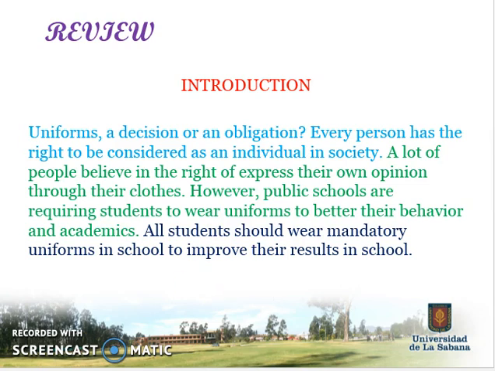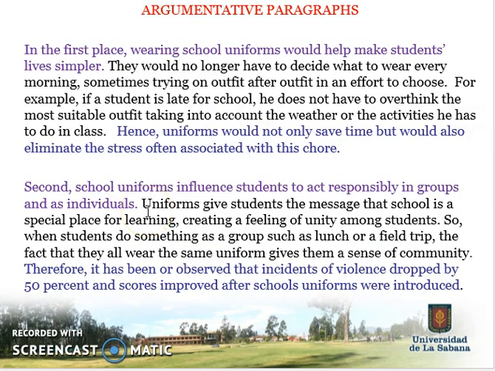Okay, here you have examples of the argumentative paragraphs. There are some sentences that are highlighted with different colors. The first one that is in purple, if you remember, those sentences are topic sentences. In those topic sentences, you need to include connectors, listing connectors, for example, in the first place or second.